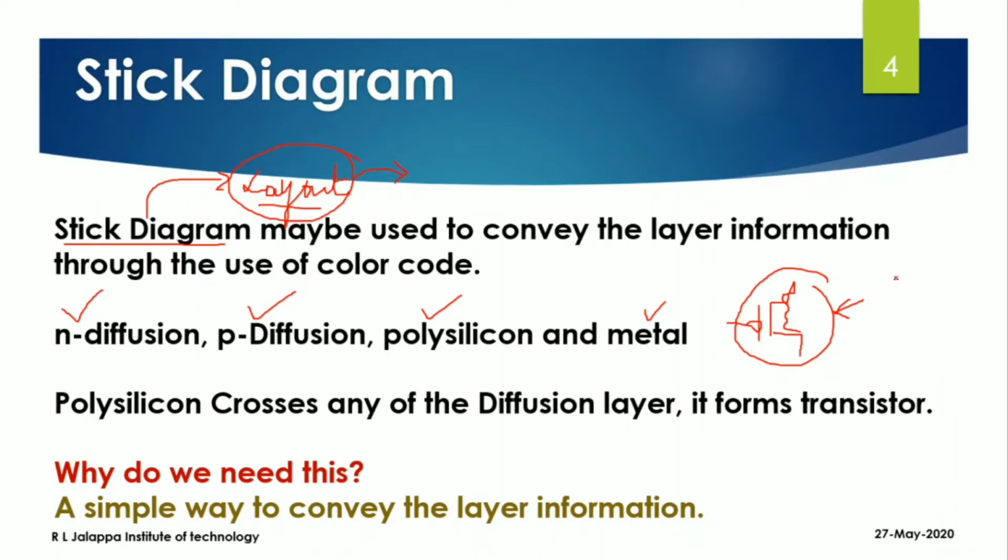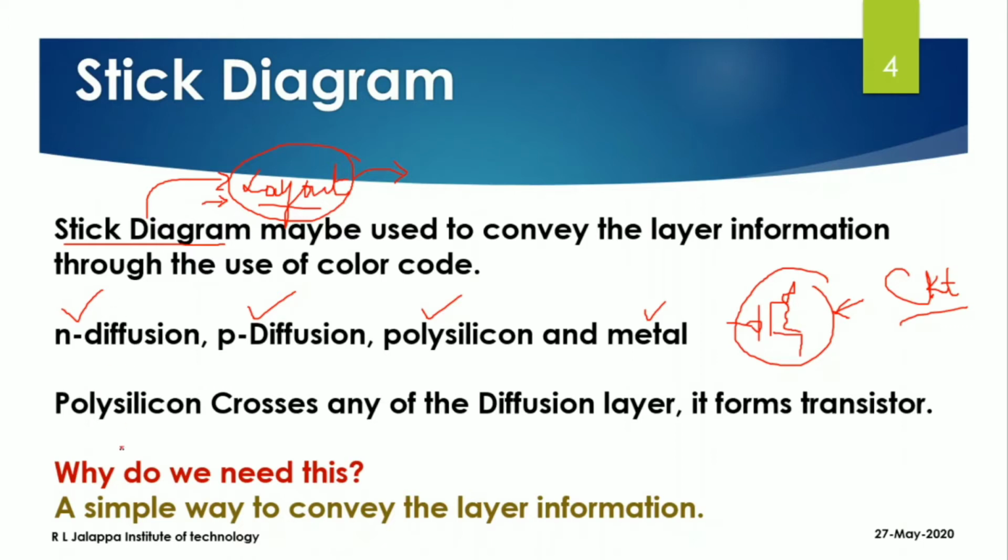First we will write the schematic, that is the circuit diagram, using the given Boolean equation. The next step, we will write the stick diagram that conveys the layer information. Then, by analyzing the lambda design rules, we will write the layouts. Once we write the layouts, the layout is ready for the further steps.